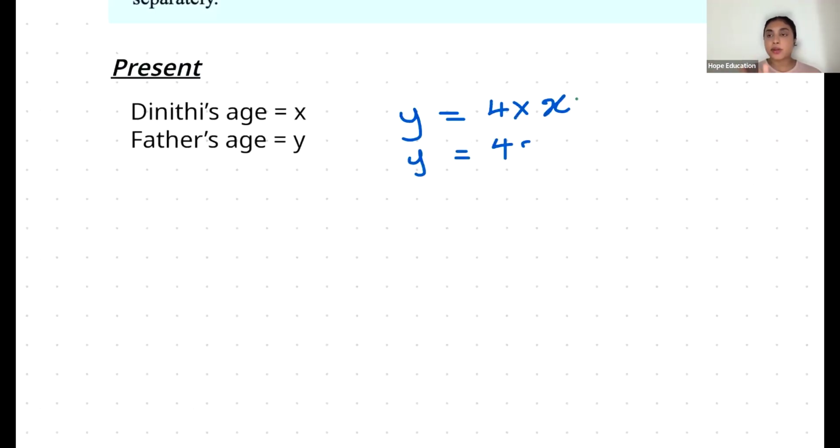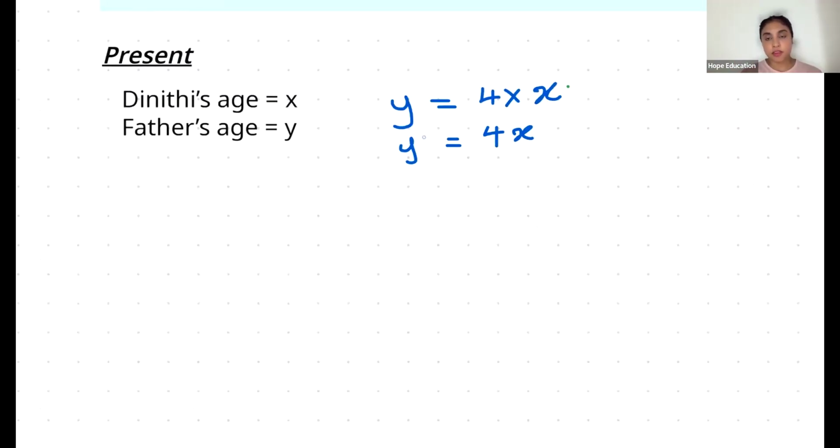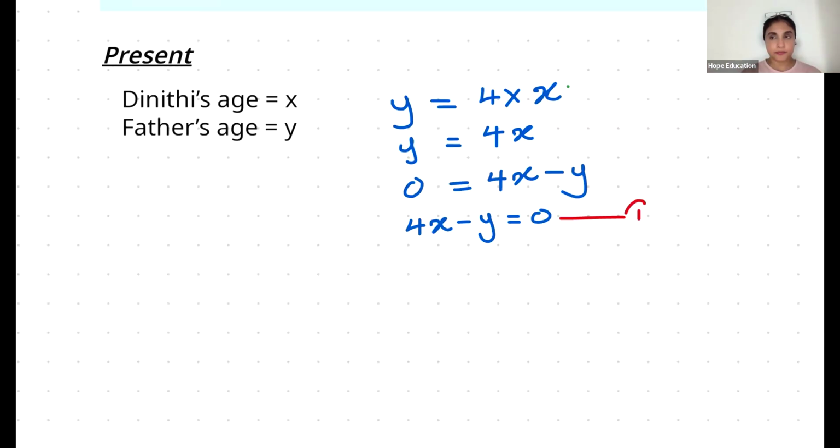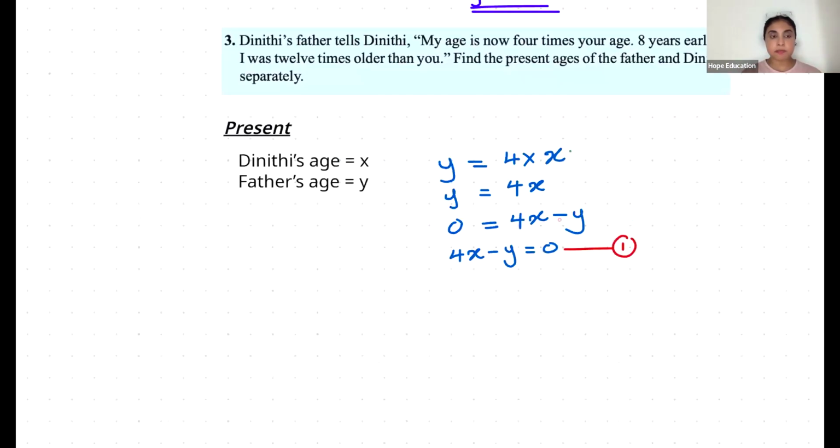If I put this into simultaneous equation format, I will move this y to the other side. That would be 4x. This y, when I bring it to the other side, becomes minus y. And here there's nothing, that will be 0. So that would be 4x minus y equals 0. This will be one of my equations. Was that clear to you? Thumbs up, please.